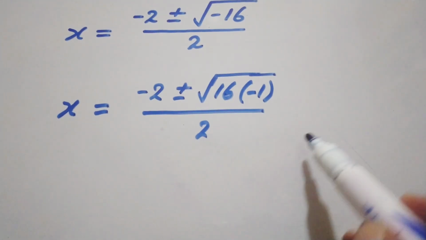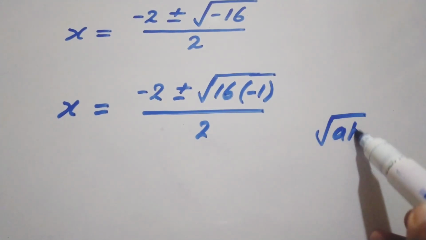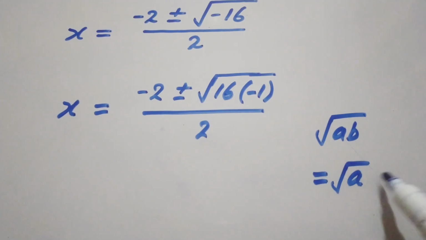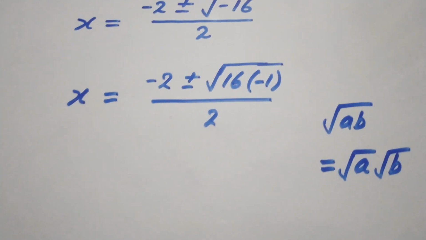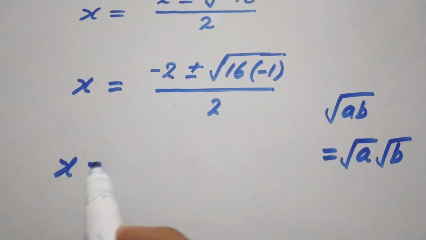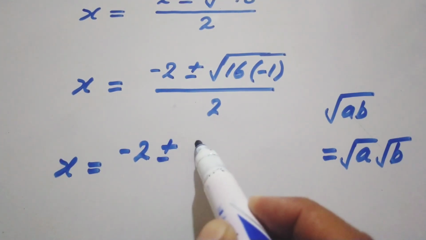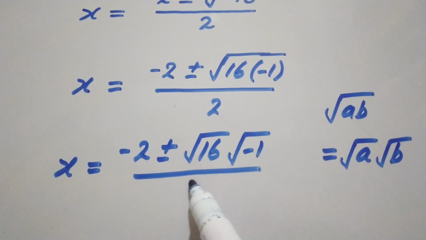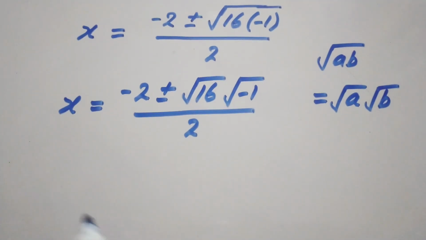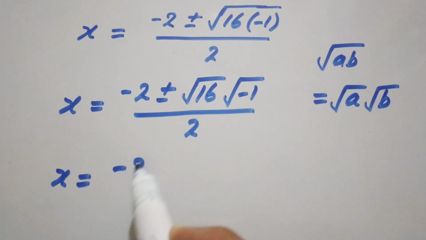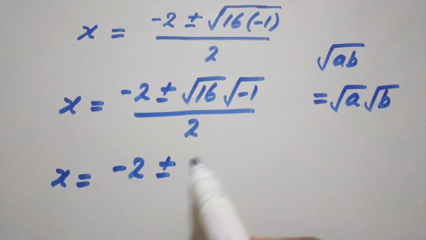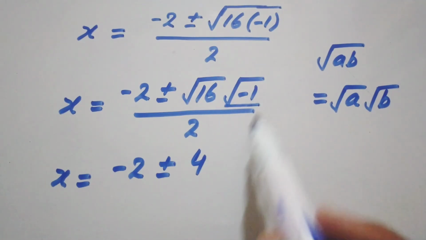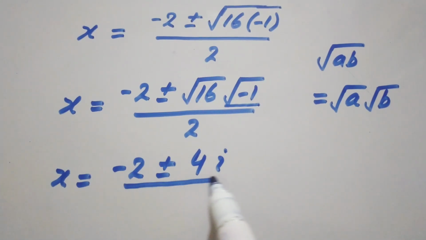Now if we have square root of a multiplied by b, we can write this as square root of a into square root of b. So applying this condition here, this will become x is equal to minus 2 plus minus square root of 16 into square root of minus 1 divided by 2. So this will become x is equal to minus 2 plus minus square root of 16, which is 4, into square root of minus 1, which is iota, divided by 2.